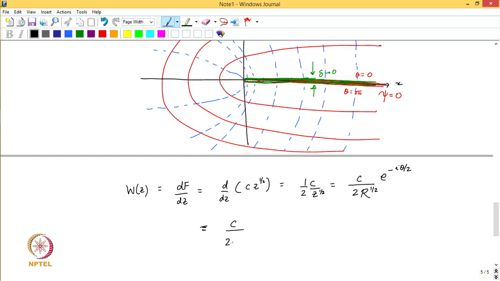I could write this as c by square root of r. I could multiply by e to the power minus I theta by 2 and also I theta by 2, right. This makes it c by 2 square root of r into e to the power I theta by 2 into e to the power minus I theta, and this I should be able to write as u r minus I u theta, e to the power minus I theta.